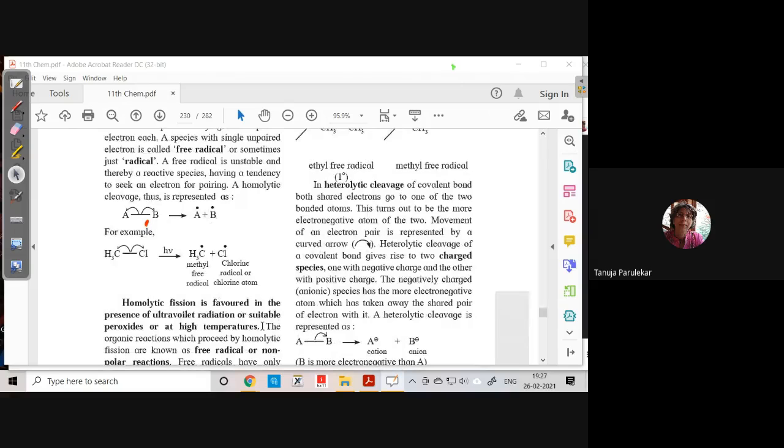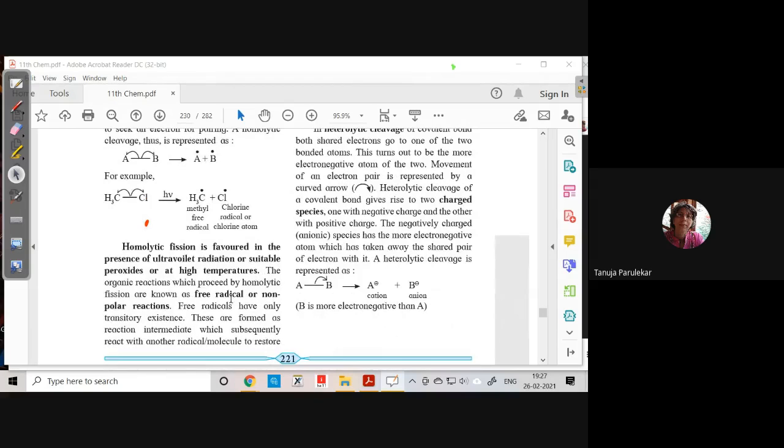Homolytic fission is favored in the presence of ultraviolet radiation, photolysis, that is photolytic cleavage, or sometimes peroxides. Peroxides are chemicals which have more oxygen than the regular compound.